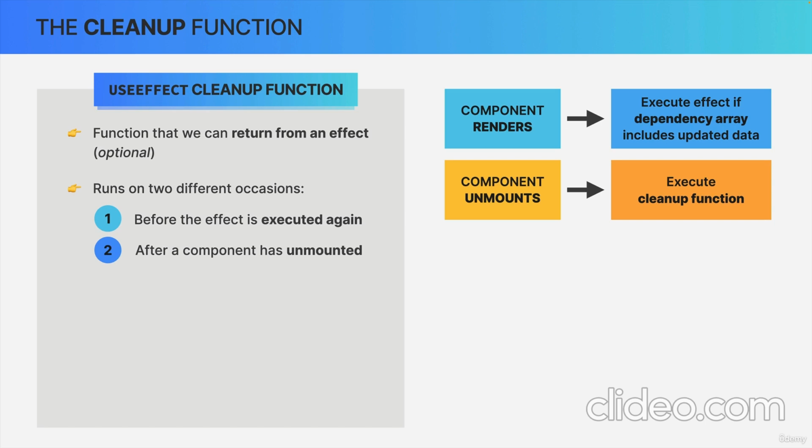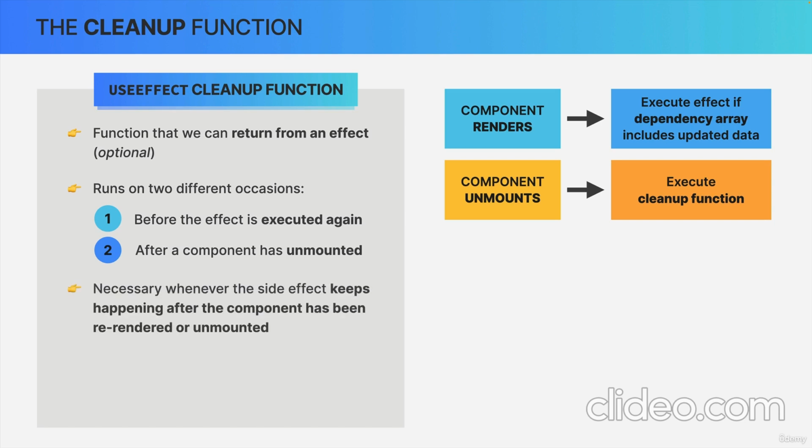Now, you might be wondering, when do we actually need a cleanup function? Well, basically, we need a cleanup function whenever the side effect keeps happening after the component has been re-rendered or unmounted. For example, you might be doing an HTTP request in your effect.